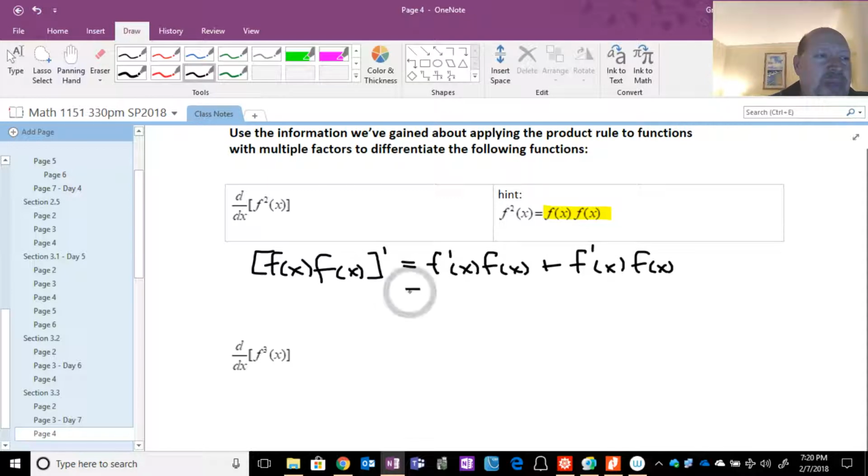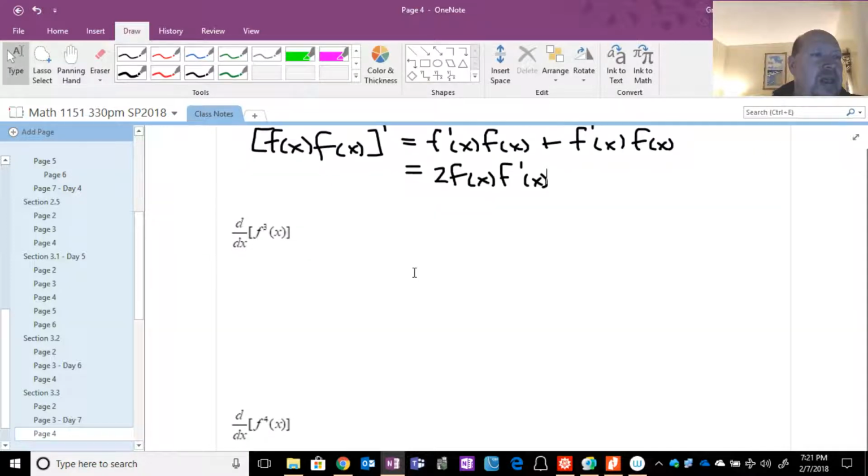So this is equal to 2 f of x f prime of x, or I could write it 2 f prime of x times f of x. This is the result of taking the derivative of f squared of x. We're going to do this for a couple more and then try to come up with a pattern here.